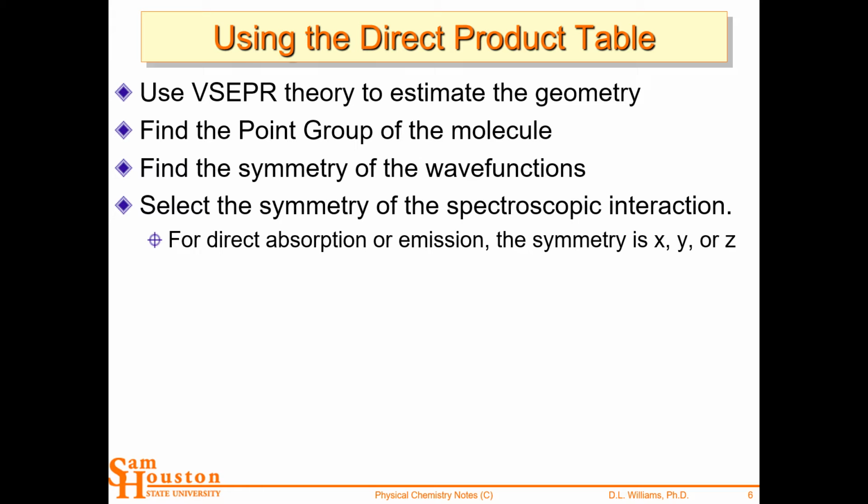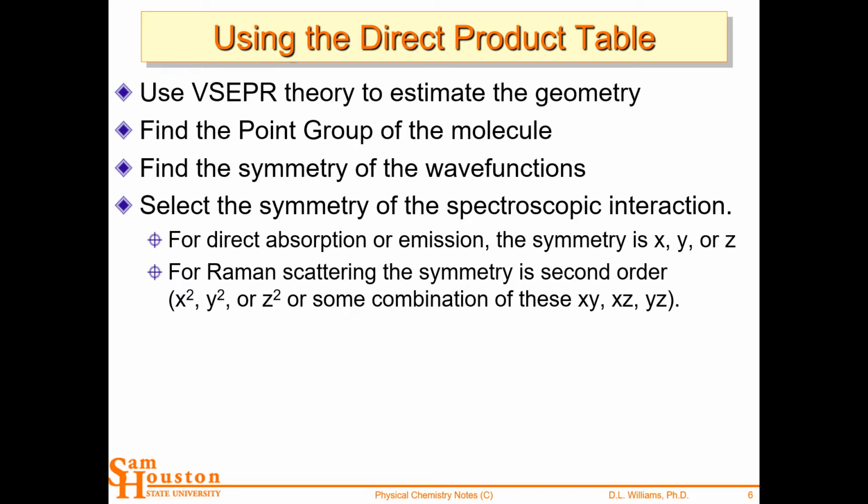So there are 3 types of light that we could use for direct absorption or emission. In emission, the molecule drops down and spits out a polarized photon of light. So it's the same calculation from our perspective, but different phenomena. Absorption or emission are essentially the same. It's just one's coming in, the other's going out.